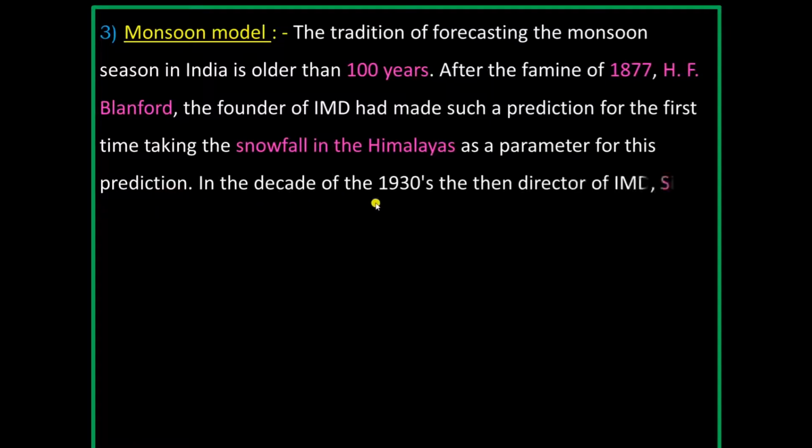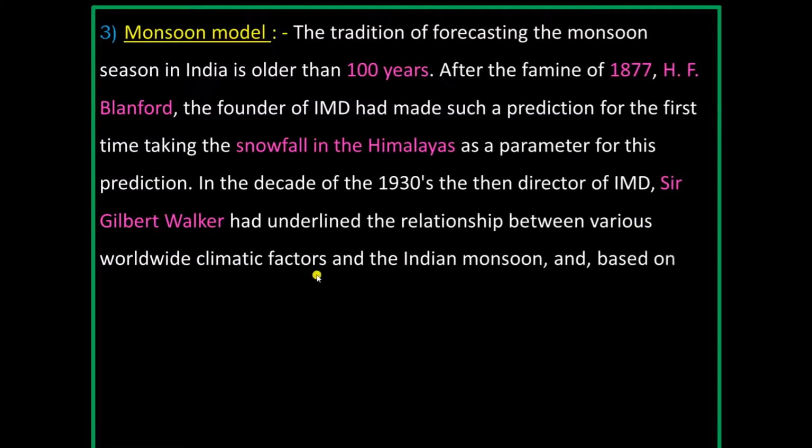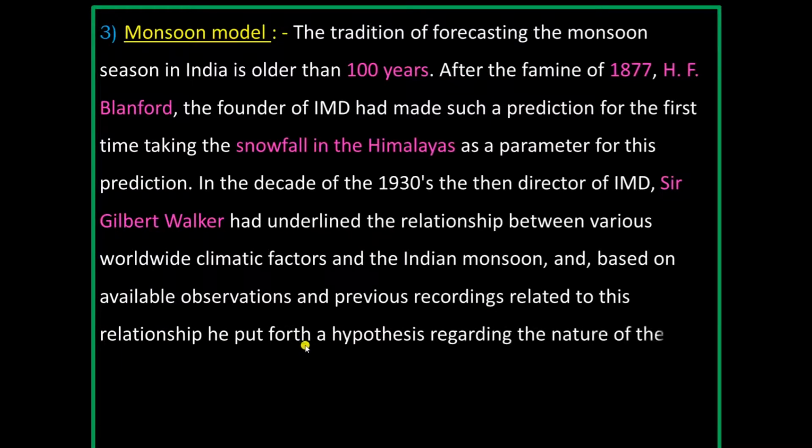In the decade of 1930, the then director of IMD, Sir Gilbert Walker, underlined the relationship between various worldwide climatic factors and the Indian monsoon, and based on available observations and previous recordings related to this relationship, he put forth a hypothesis regarding the nature of the monsoon.